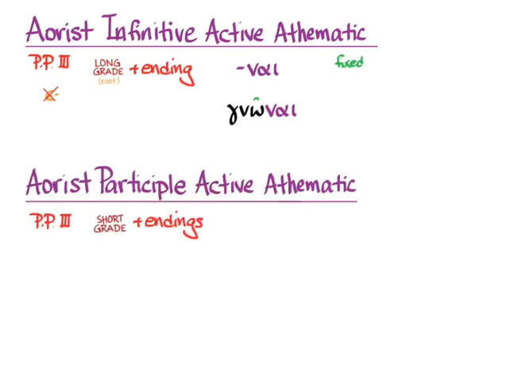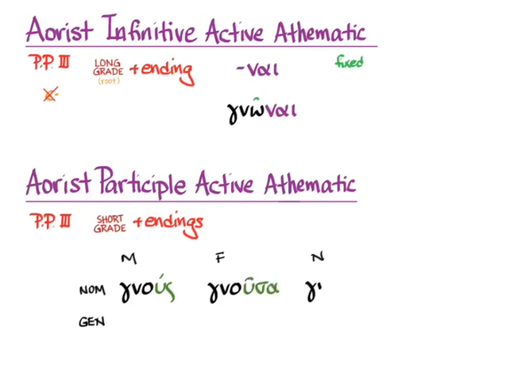And that just leaves the participle. Here it's the short grade with the same combination of endings that you got with didomi and its participle forms. And so that's going to look like this. And I'm just going to give you the nominative and the genitive, because then you can form the rest from the genitive and the stems that you get from taking off the endings.